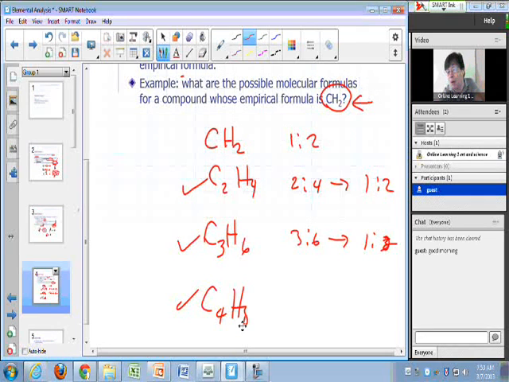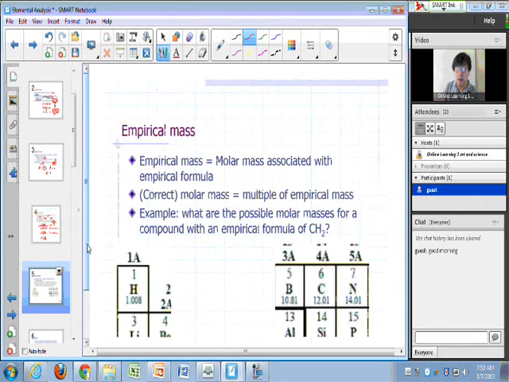If you had a compound that had a formula of CH2, which you don't, okay, then its empirical formula is also CH2. But there is no known compound. It just so happens that there is no known compound with a molecular formula of CH2. But any compound whose formula would have a carbon to hydrogen ratio of 1 is to 2 will have an empirical formula of CH2. All right.